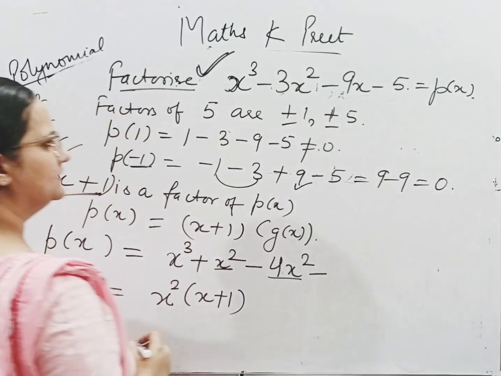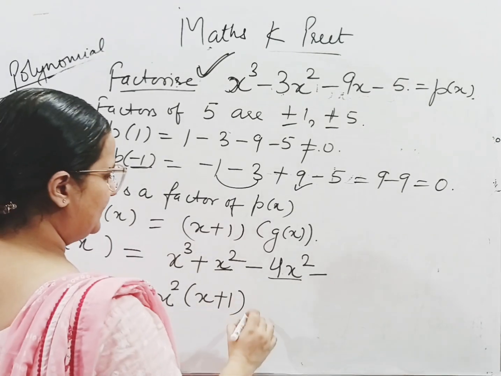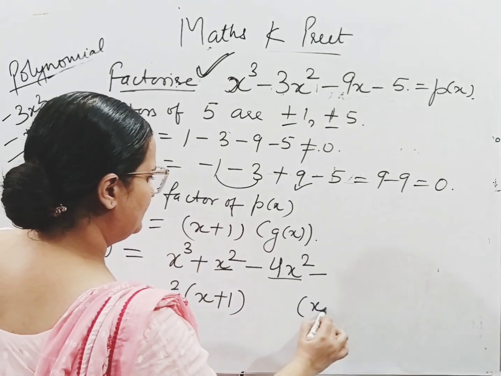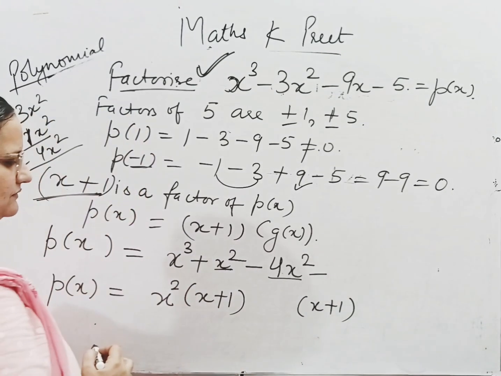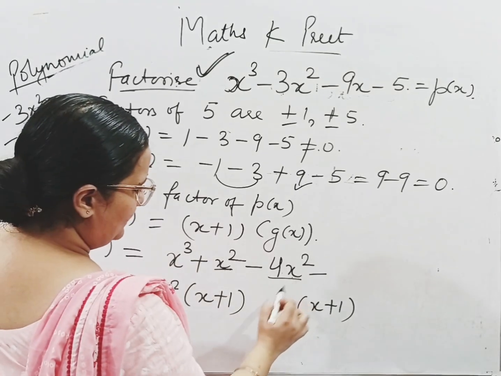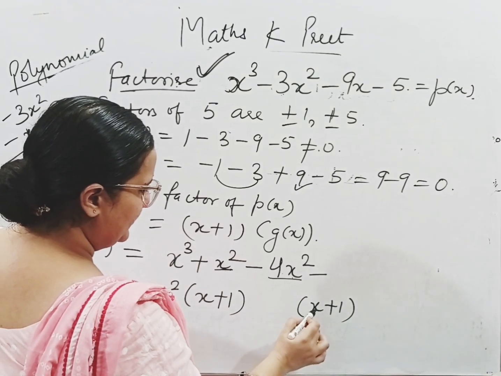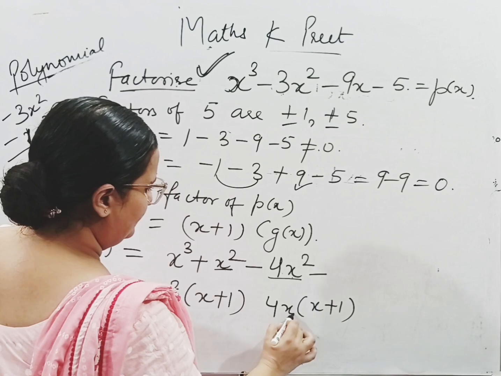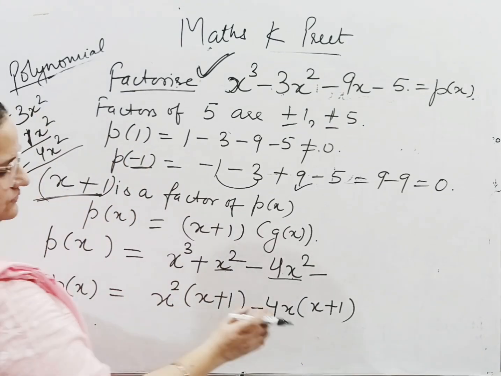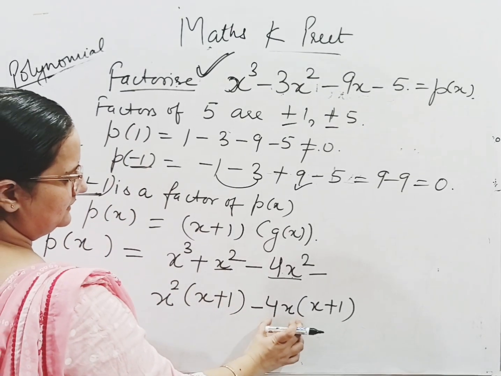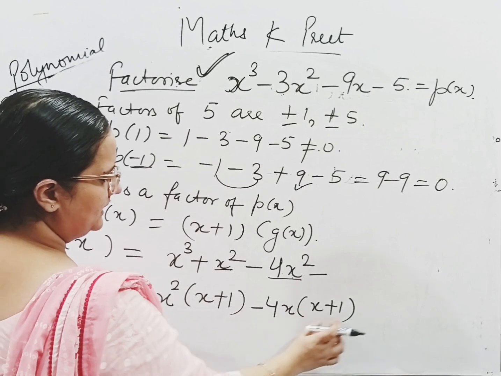To get the factor x plus 1 inside, I am taking what out from here to get x? 4 and x with the sign negative. So with this negative sign, 4 and x, I will get minus 4x square minus 4x.